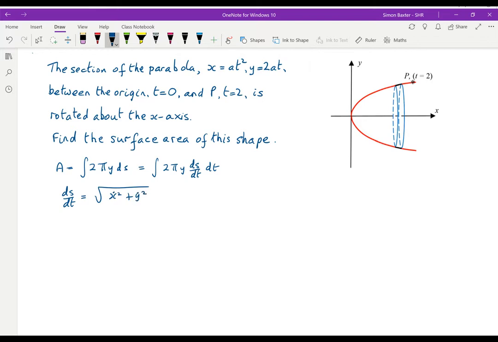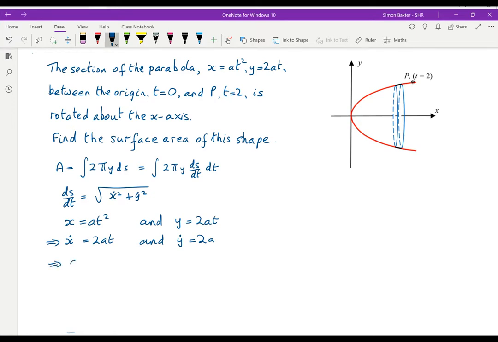So we're looking for x dot and y dot. We know that x is equal to a t squared and that y is equal to 2at. Therefore, x dot is 2at and y dot is just 2a.